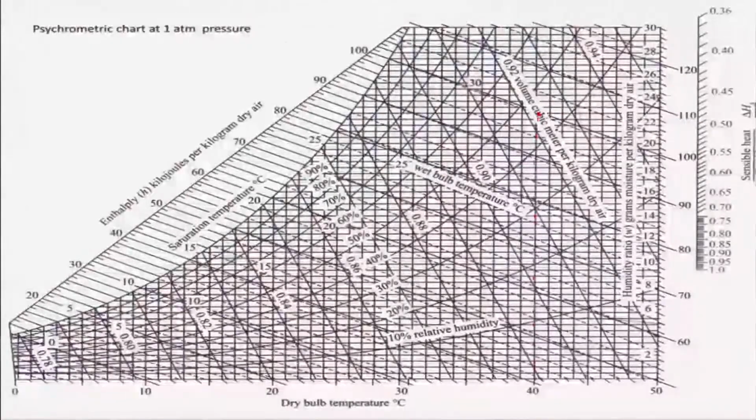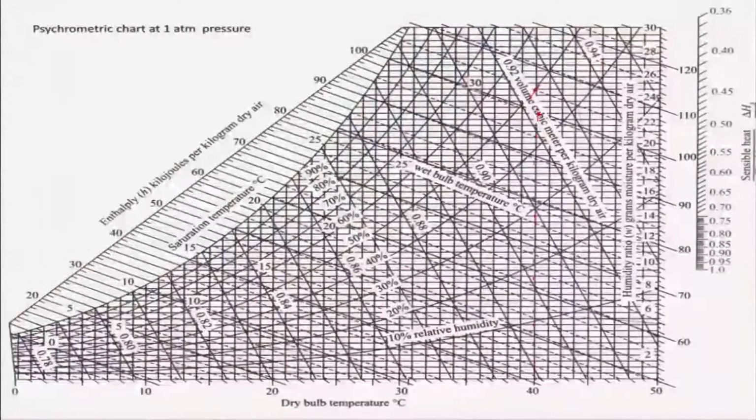This line is 50, relative humidity, and this line is 40. So here it will be around 0.45. You can also use a linear scale and do interpolation.